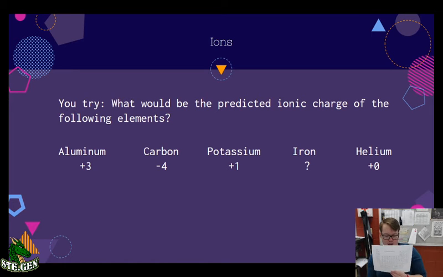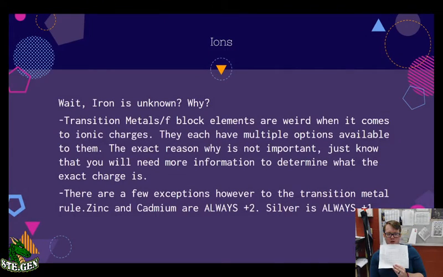But notice that for iron, for Fe, this bad boy right here, I have a question mark. And you might go, wait a minute, iron is unknown? Well, the transition metals in the F block elements are a little bit weird. See, we know they have 2 valence electrons, but there's a lot of more complicated things at play in the F block or in the D block involving stability and like having electrons exchange energy levels.